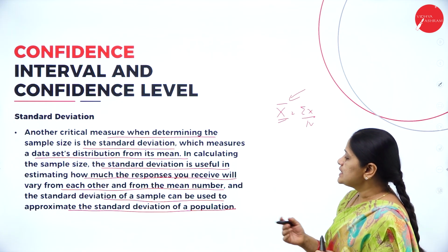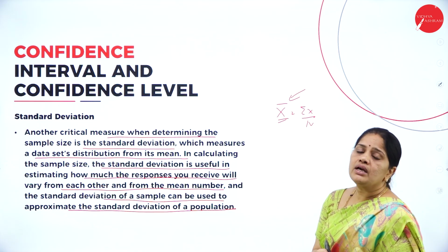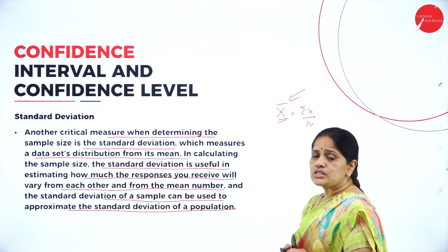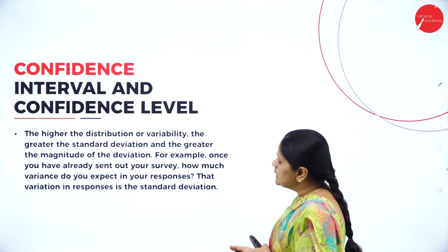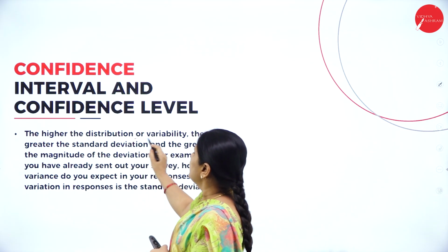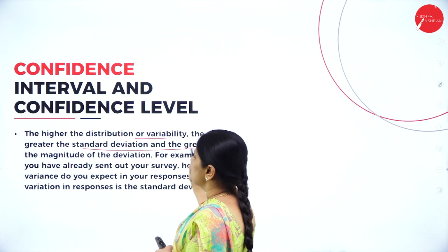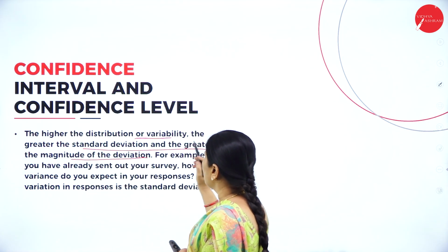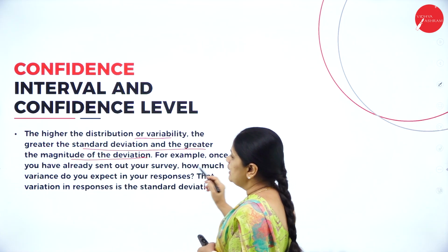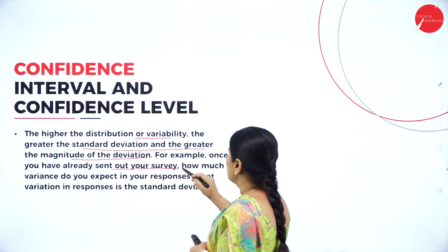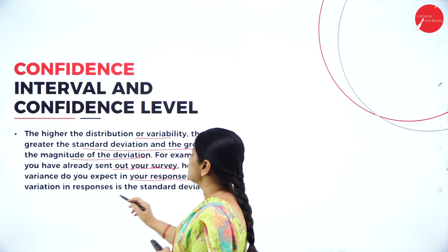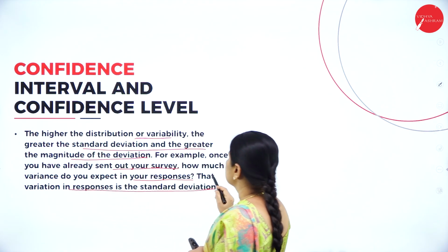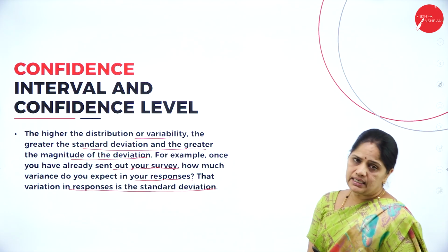The higher the variability in the distribution, the greater the standard deviation and the greater the magnitude of deviation. For example, once you have sent out your survey, how much variance do you expect in your responses? That variation in responses is the standard deviation.